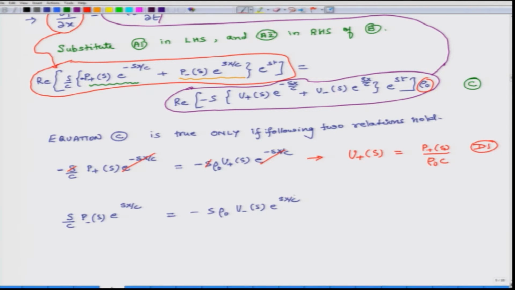So, once again S x over C gets cancelled out, so does S. So, what that gives me is u minus of S, which is the complex amplitude of the wave travelling in the reflected direction, is equal to negative of P minus of S by rho naught C. D2.